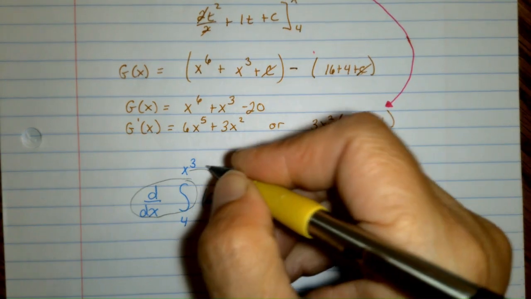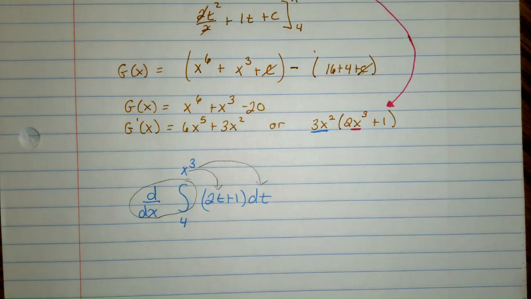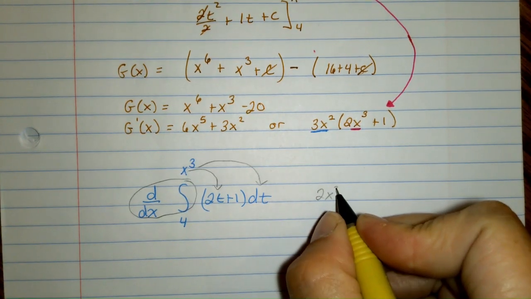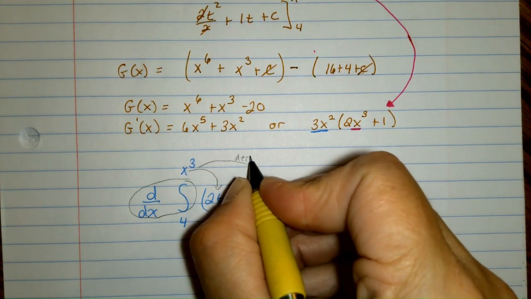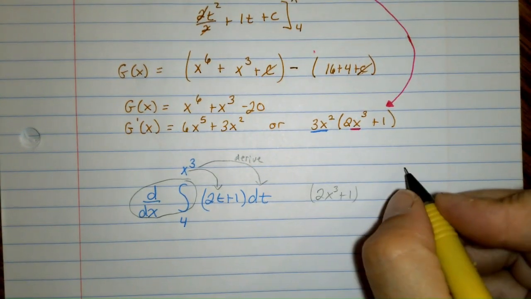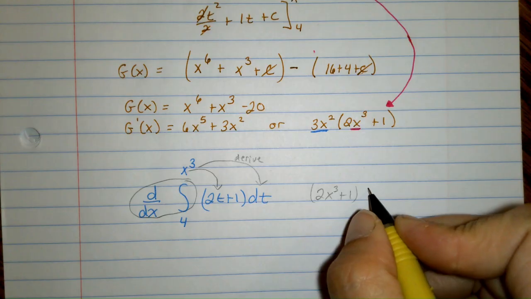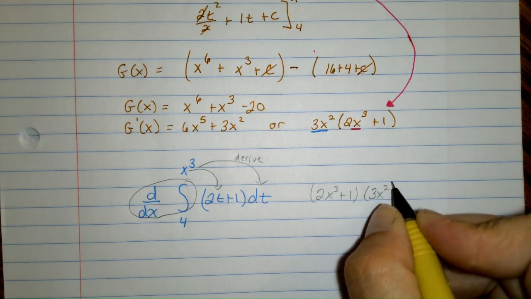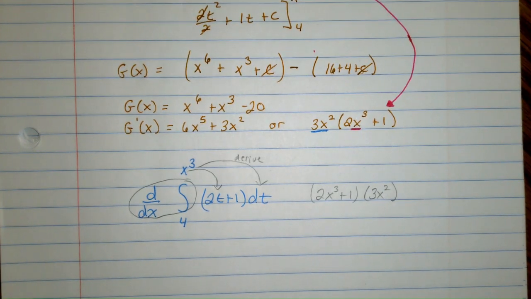We're dropping that in there, and its derivative in there. So 2x cubed plus 1 for the t, and the dt would be 3x squared. Boom, done. Okay? That's the second fundamental theorem of calculus. I didn't write it out completely as a formula, but that's all we have to do.